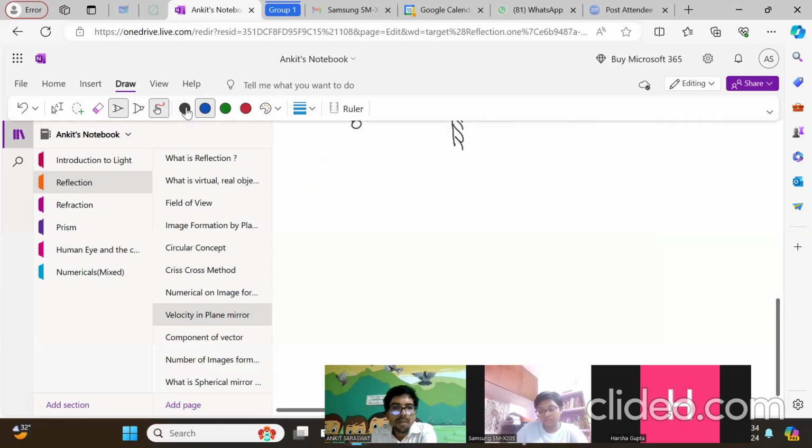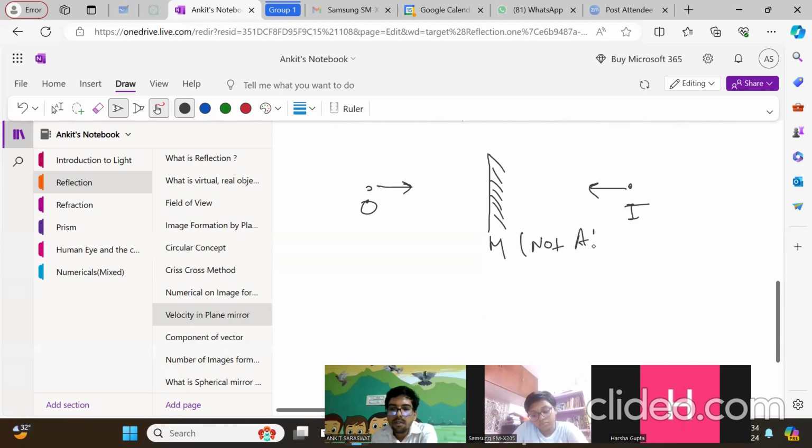Now, if the mirror, for example, this is the mirror, and this is the object, and this is the image. I'm talking about only perpendicular. Clear? Object is going in this direction and image is going in this direction. Now, in this case, if the mirror is not at rest, same formula.